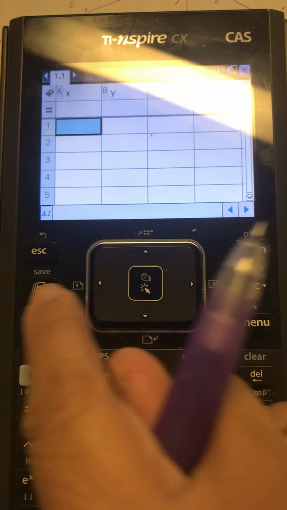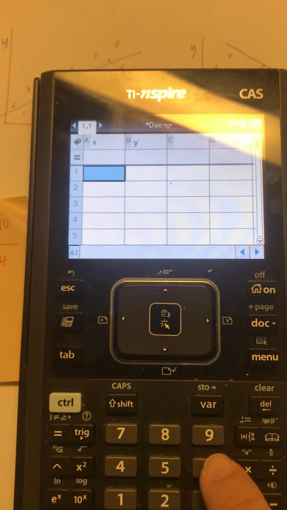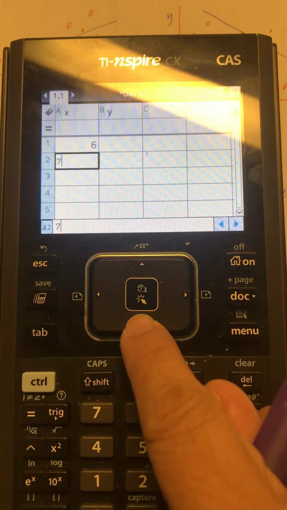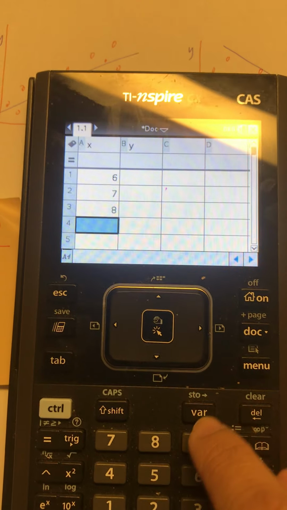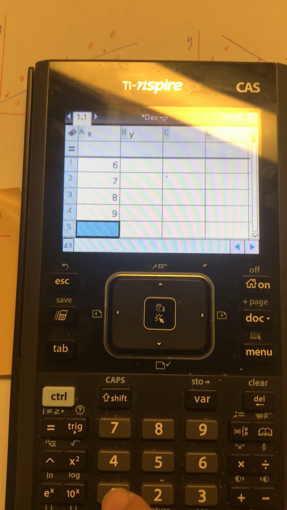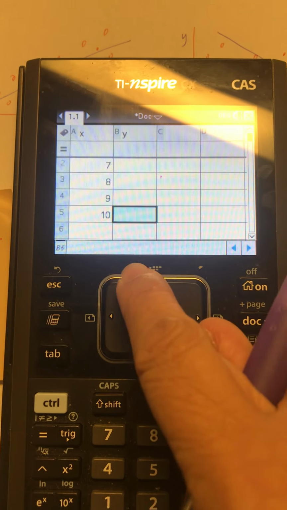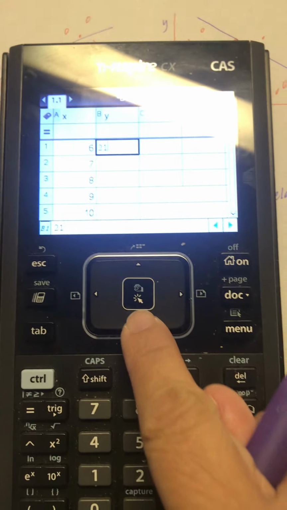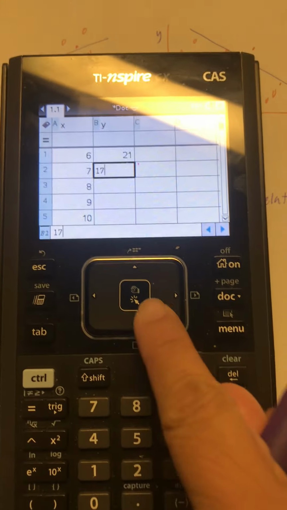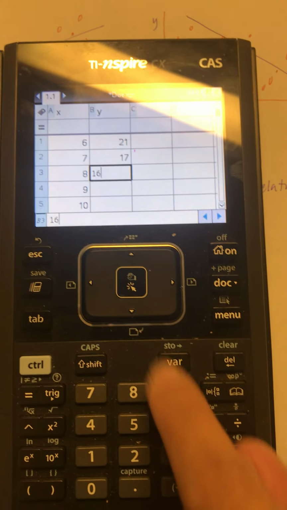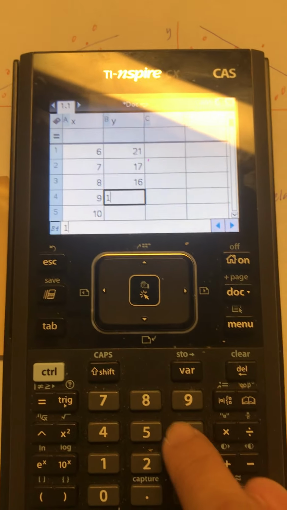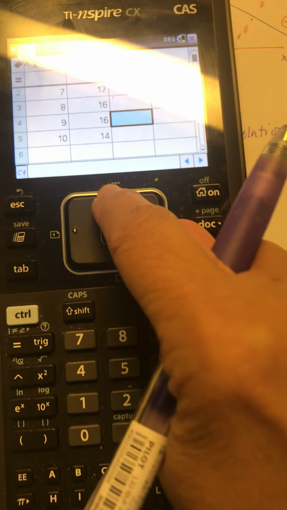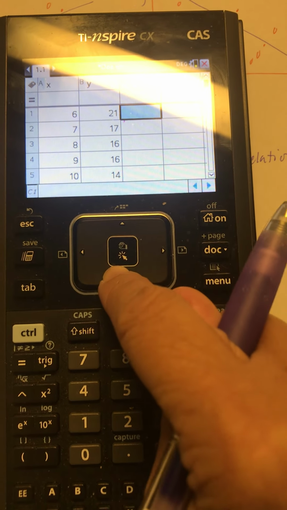Your x is 06, 2006. You can just write that as 6, 7, 8, 9, and 10. And in here, your data says 21, 17, 16, 16, and 14.